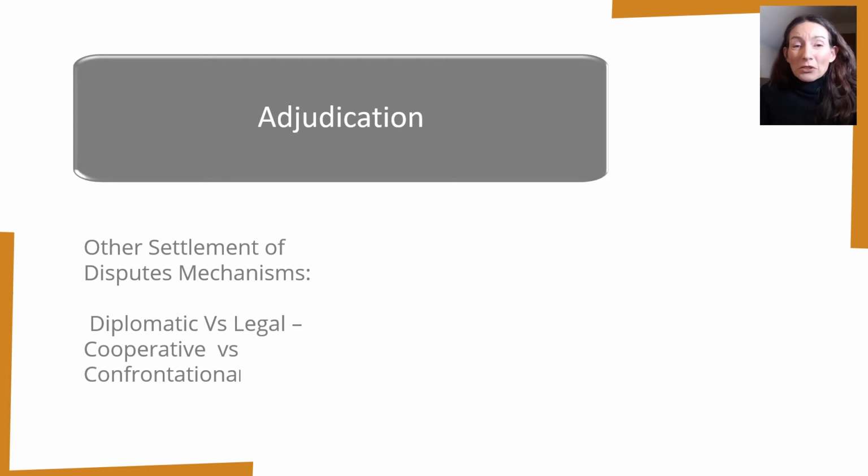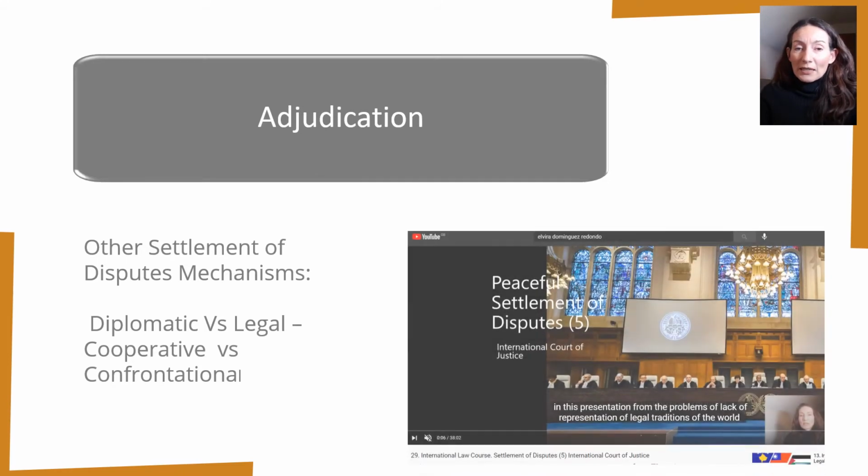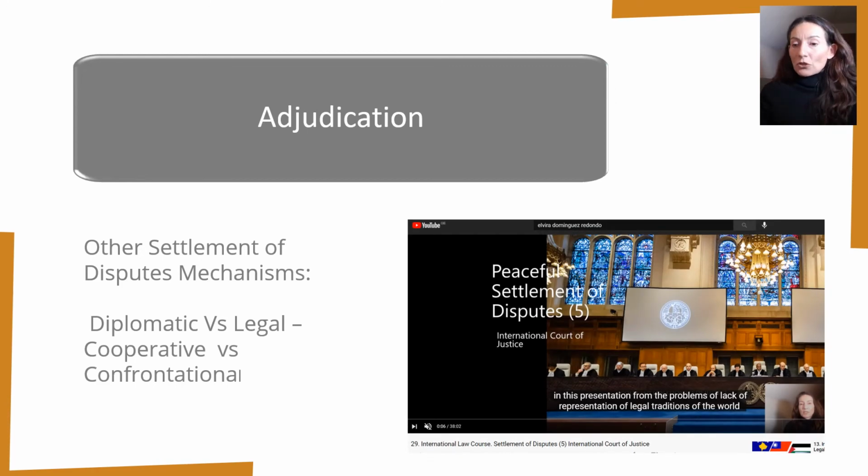It is possible to say that attempts to prompt compliance of international law through diplomatic, political settlement of dispute mechanisms tend to fit better within cooperative approaches of enforcement, while the adversarial approach that characterizes legal mechanisms will fit more neatly within the confrontational category. I refer to the explanations on settlement of dispute that we have already covered.